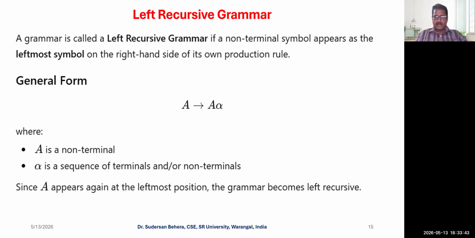That is why this grammar is not accepted by either your top-down parser or your bottom-up parser. So this left recursion has to be removed. It is easily possible. Every left recursive grammar can be converted to a non-left recursive one.